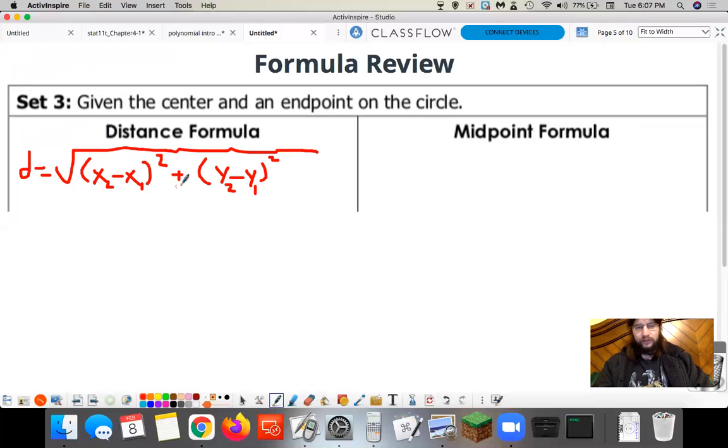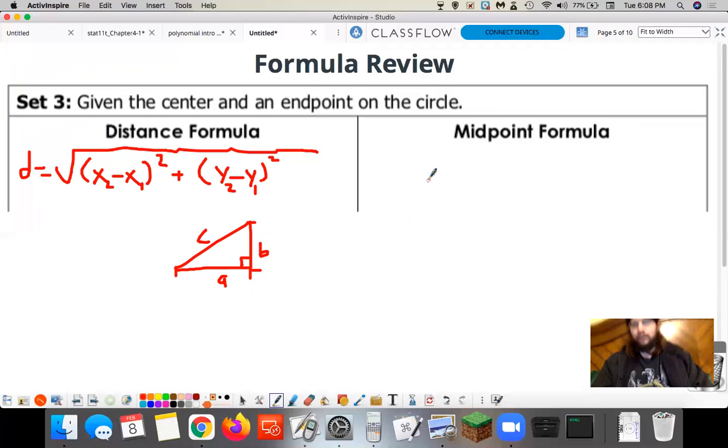It makes no difference as long as you subtract your 2 x's and you subtract your 2 y's and follow the formula, you're good. But if you're looking on a graph, say, the difference in your x's will be right here, so that'll be your a. The difference in your y's will be right here. That'll be your b. And to get c, it's a squared plus b squared equals c squared. So to undo that, you square root it. Hence the distance formula.